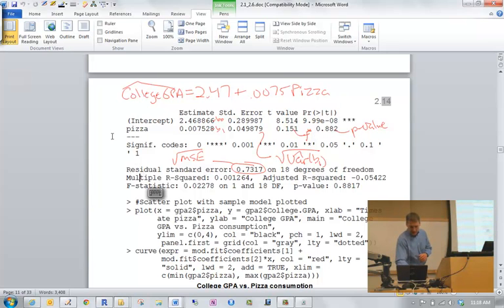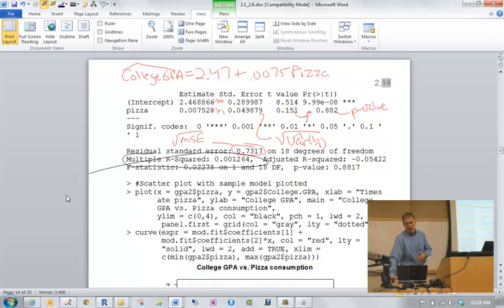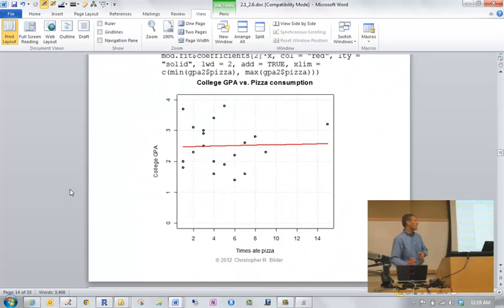And here is the R squared, 0.001. So 0.1% of the variation in college GPA is explained by the number of times you eat pizza. Very, very low, suggesting that eating pizza is not necessarily a good predictor itself of college GPA. And that makes sense from looking at this scatter plot with the estimated model on it.